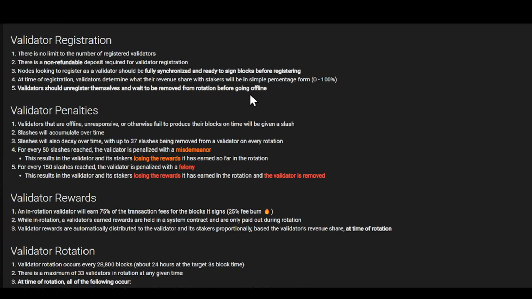I have to make that very clear, because if you are a validator and you keep getting slashes on slashes on slashes, you're going to lose the rewards that you have gained as a validator. Not only that, you have a possibility of being removed.